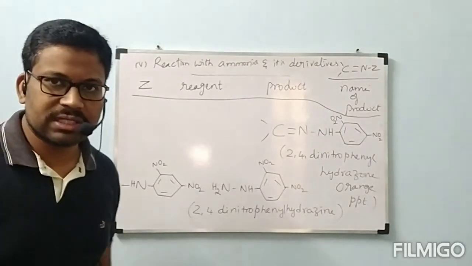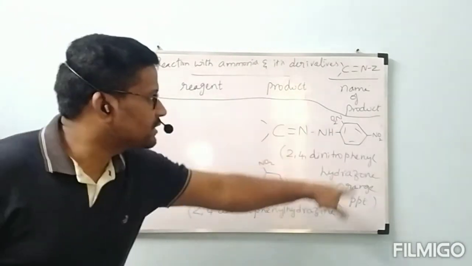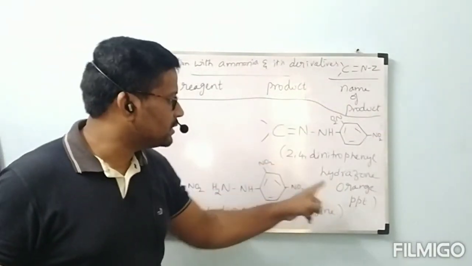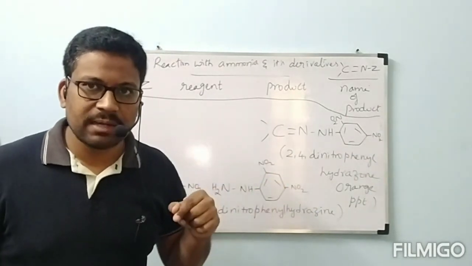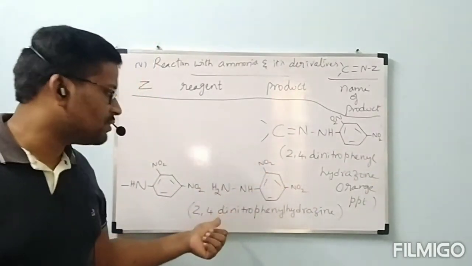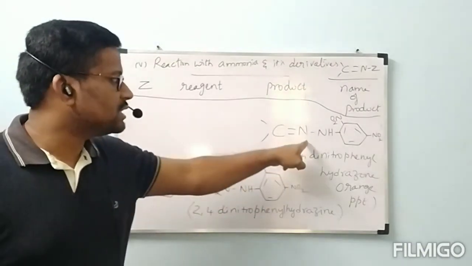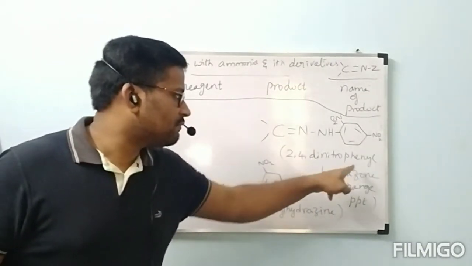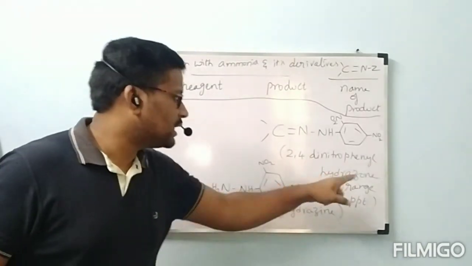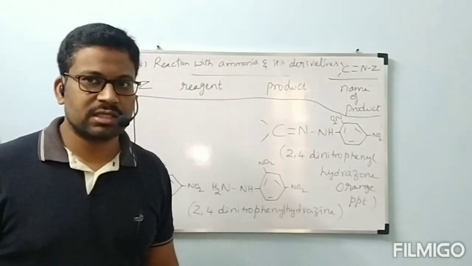Okay, now what about this reaction, we'll see. I think you are clear with this one. Name of the product also I wrote, no? Even this is the structure. If carbonyl compound C double bond O reacts with this 2,4-dinitrophenyl hydrazine, this substance is formed. That name is 2,4-dinitrophenyl hydrazone and it is an orange red precipitate.